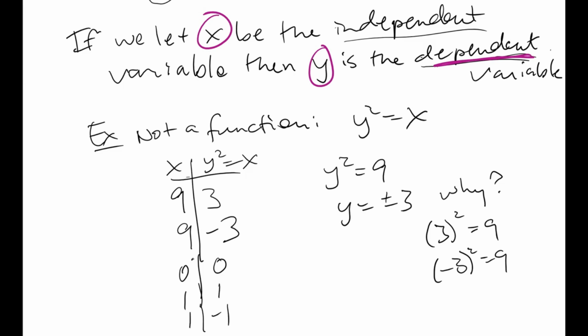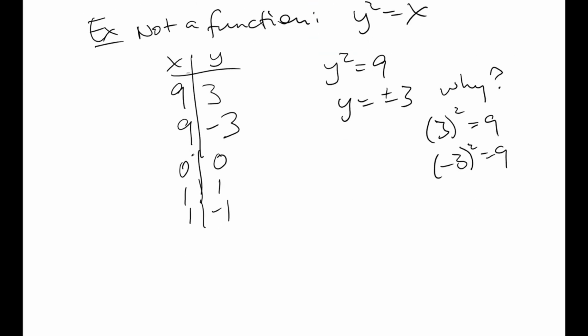Because when you square, this is supposed to be y. So whatever we get for x, y squared is equal to that. So the problem here is, like if you look, 3 squared is 9. Negative 3 squared is 9.